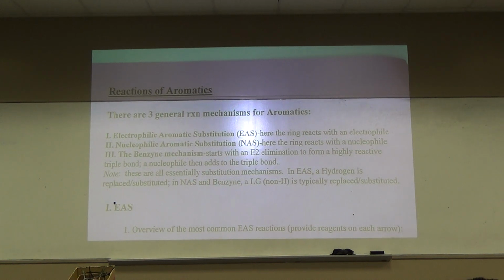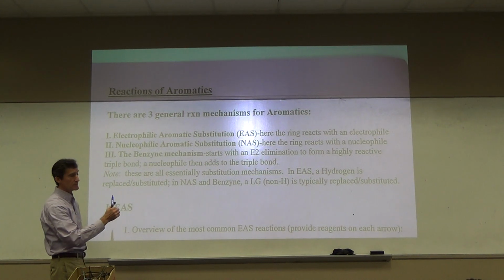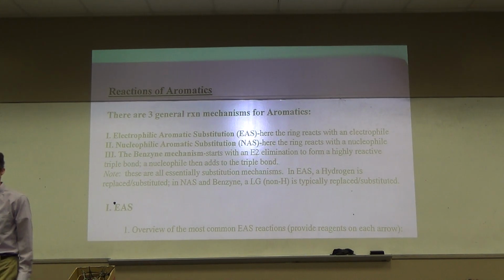We'll also then look at NAS. Here the ring reacts with a nucleophile. And when we do NAS, we'll have traditional leaving groups on the ring. Like we'll substitute a bromine with something else. But in EAS, we're substituting an H usually.